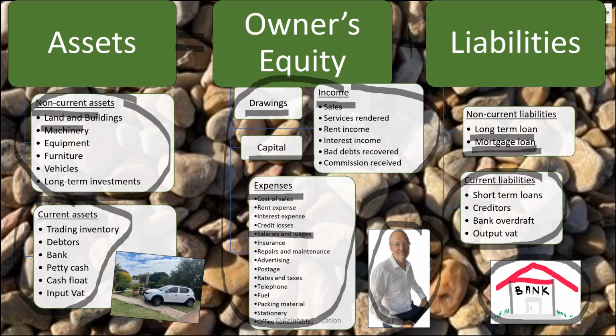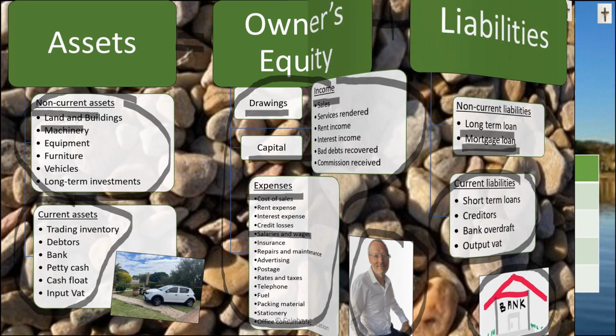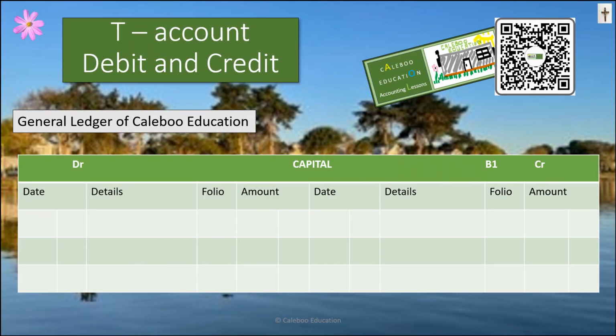So just before we get on to the rules, I'm going to just show you quickly what a T account is. In front of you, you have the general ledger of Calibu Education, and I've taken one account, capital, to use as an example. Where does the term T account come from?